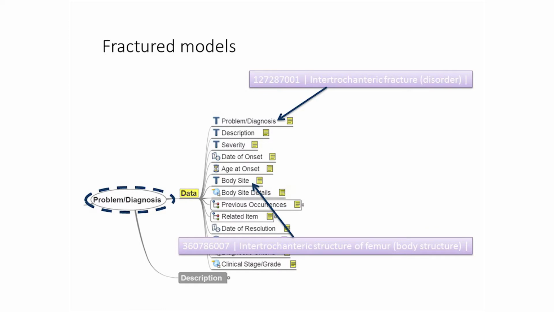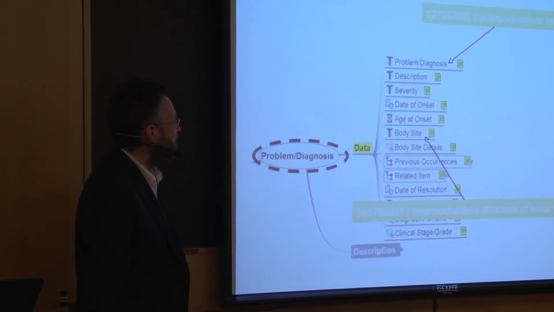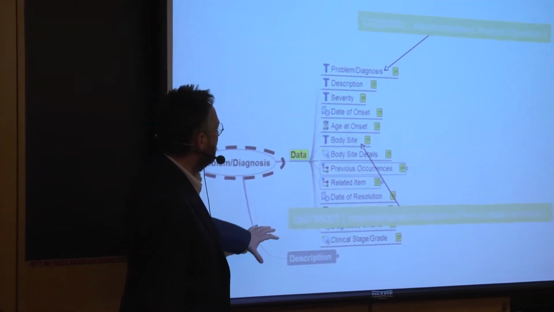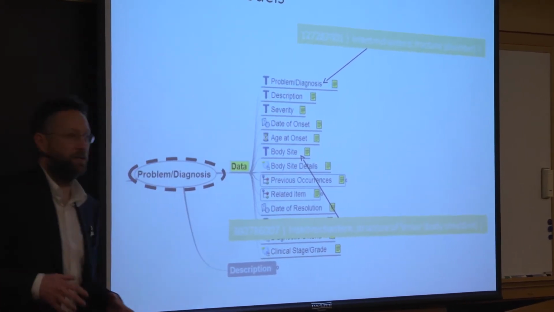So the problem diagnosis model again. So the SNOMED code is intertrochanteric fracture. It's a fracture of the part of the femur. And the problem here is that this one is defined in terms of the location of the fracture.